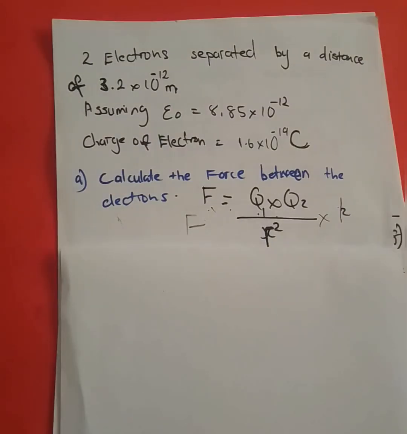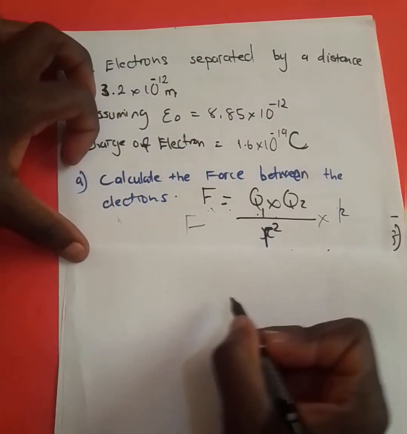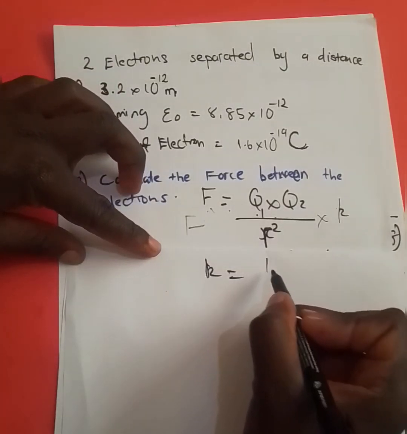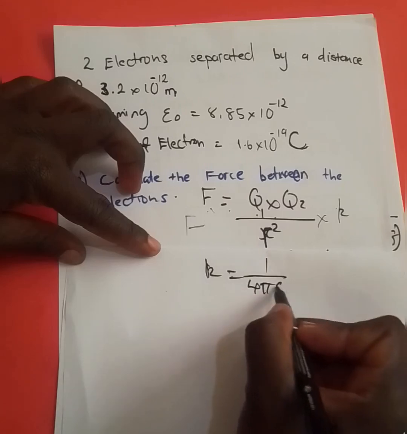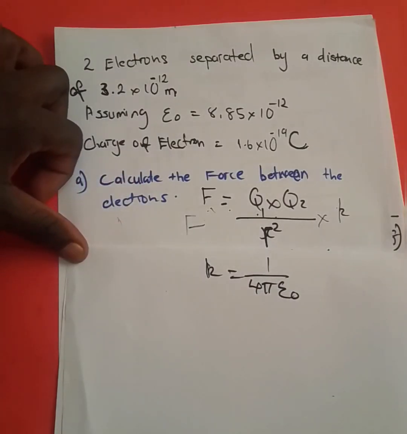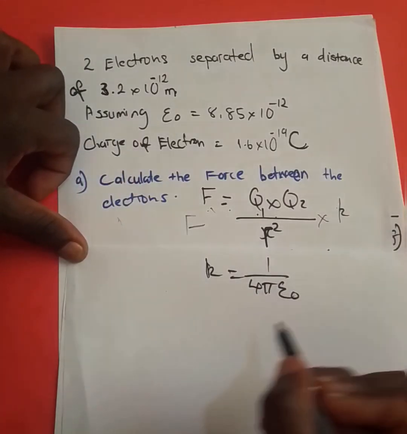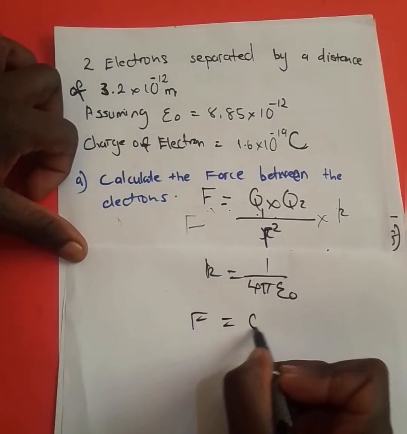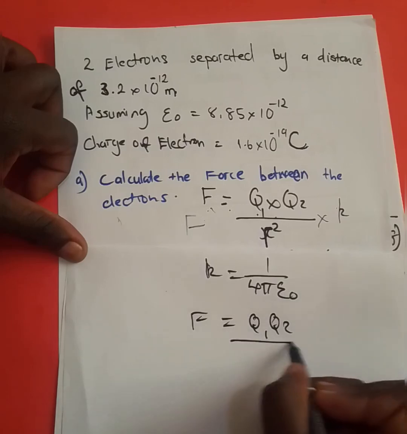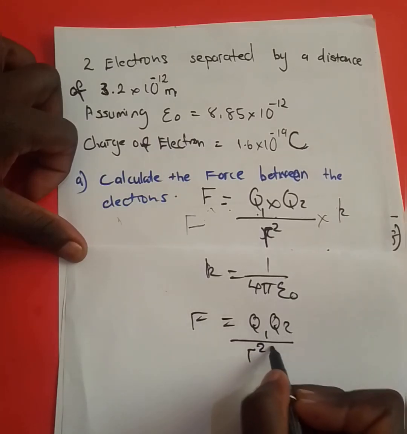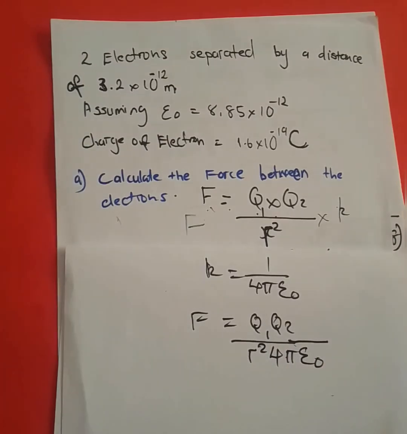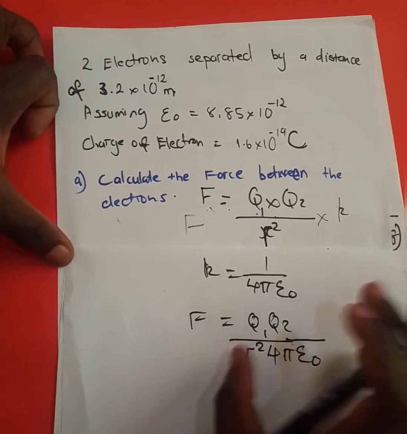We know that the constant K is equal to 1 over 4 pi epsilon naught. So we can further write this formula like this: the force between the electrons is equal to Q1 Q2 over R squared times 4 pi E naught. What's left is to substitute the variables with their values.